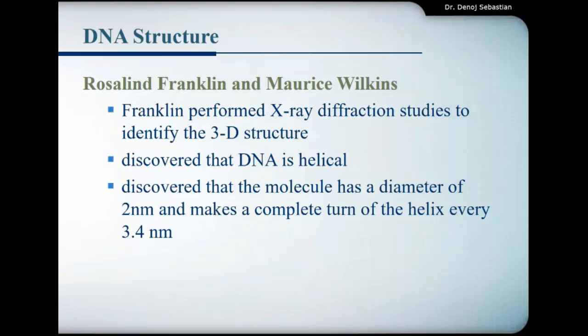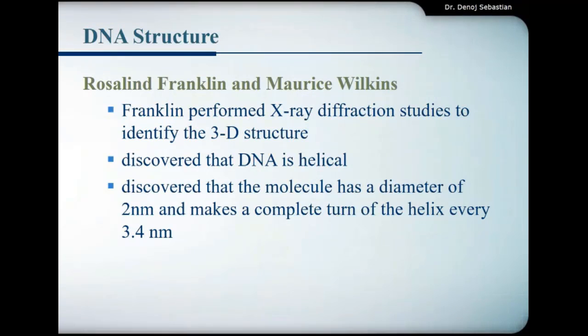And also they discovered that the molecule has a diameter of about 2 nanometer. And that it makes a complete turn within a length of about 3.4 nanometer. So a complete turn of the helical structure or the helical ladder is at a length of about 3.4 nm, which is a standard dimension.